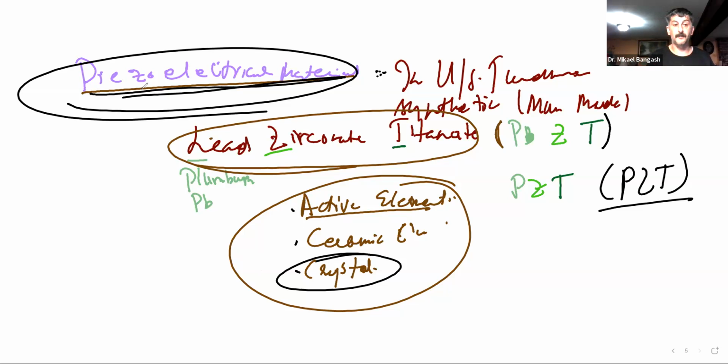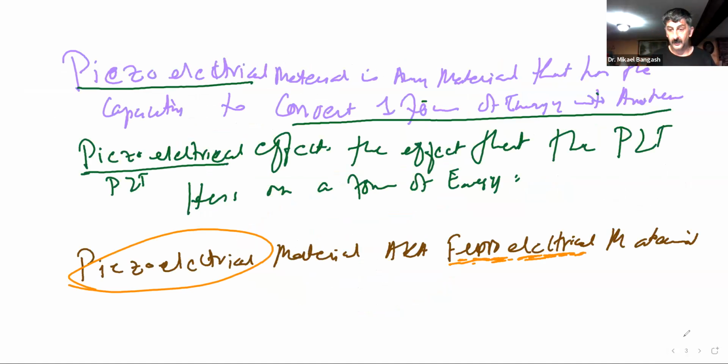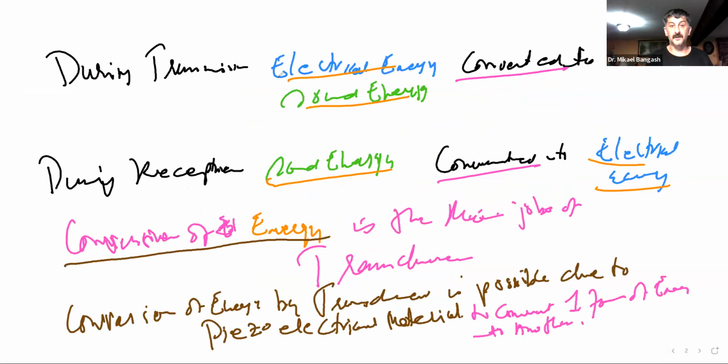And what does this piezoelectrical material do? It's called a piezoelectrical material mainly because it has a piezoelectrical effect. Clear? What is that piezoelectrical effect going to be? That's the effect that it has upon one form of energy, which is converted into another. For our transducers, during transmission, electrical energy is converted into sound energy.